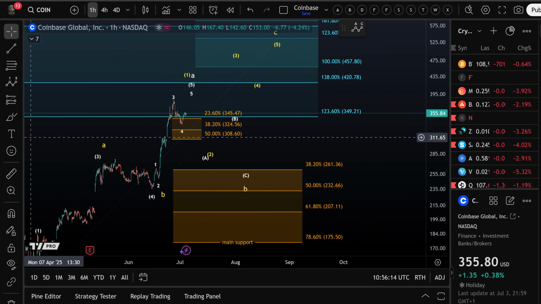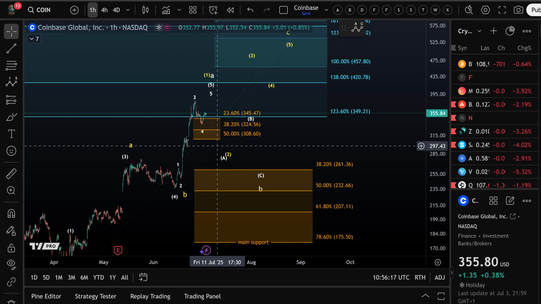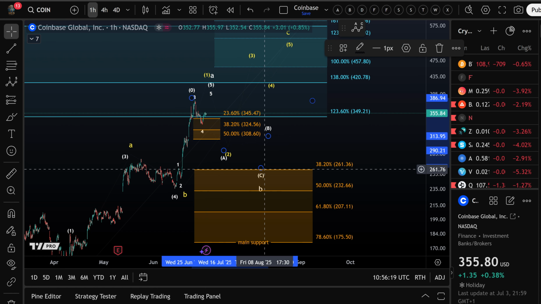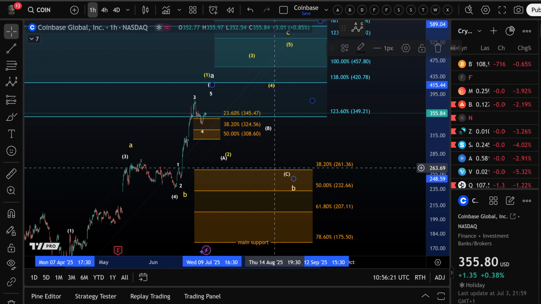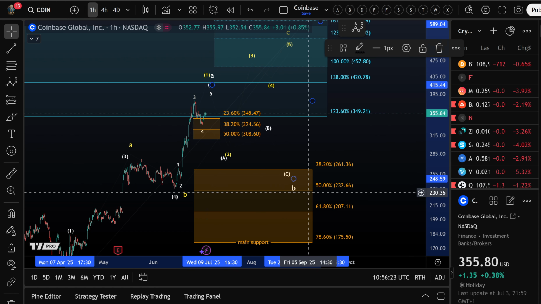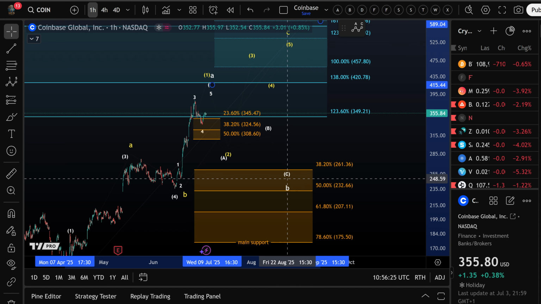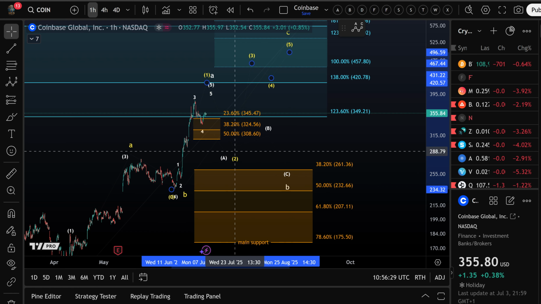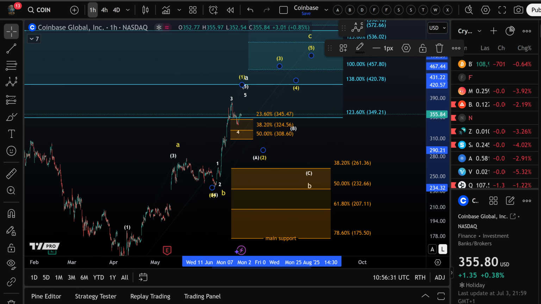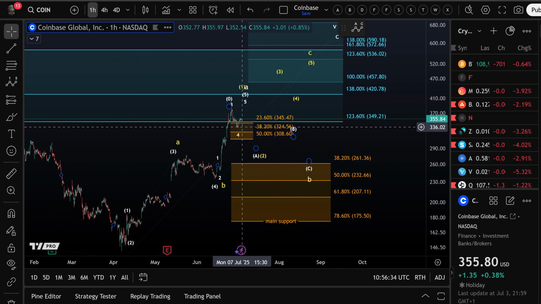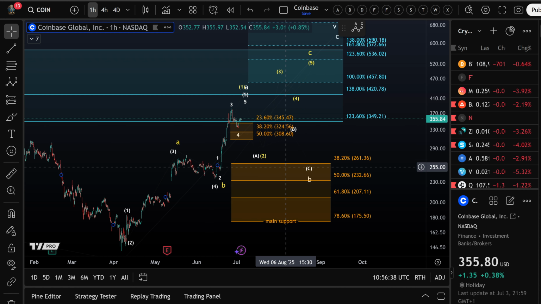But let's say we get a pullback. If we get a pullback, then this correction that's currently unfolding might actually be classed a larger degree B wave pullback. Or it could be the wave 2. These are the 2 scenarios. So we've got the white scenario in which we might get another high or not, but we need to prepare for what happens if a pullback starts.